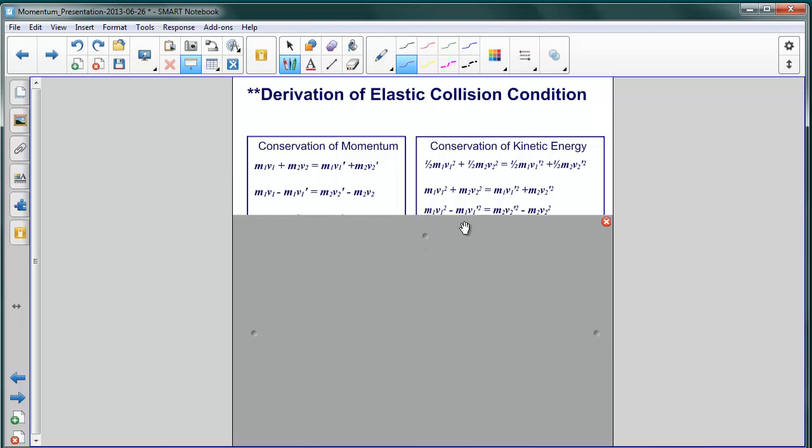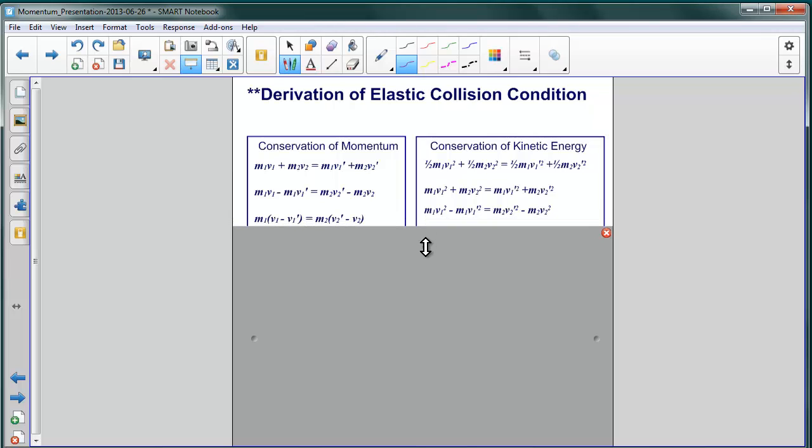When we're done with that, we can rearrange the kinetic energy equation in the same way. We collect all terms to do with m1 on one side and m2 on the other. So we subtract m2 v2 prime squared from both sides, and we subtract m1 v1 prime squared from both sides, and we get this expression: m1 v1 squared minus m1 v1 prime squared equals m2 v2 prime squared minus m2 v2 squared.